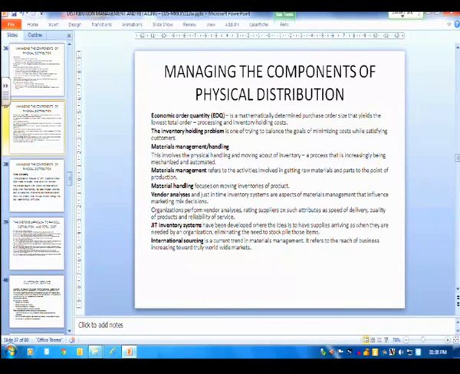These have been developed where the idea is to have supplies arriving as and when they are needed by an organization, eliminating the need to stockpile those items. International sourcing is a current trend in material management. It refers to the reach of business increasing toward truly worldwide markets.